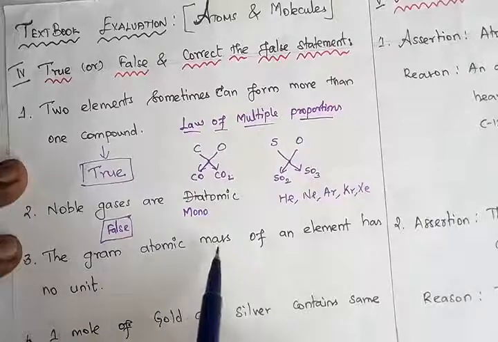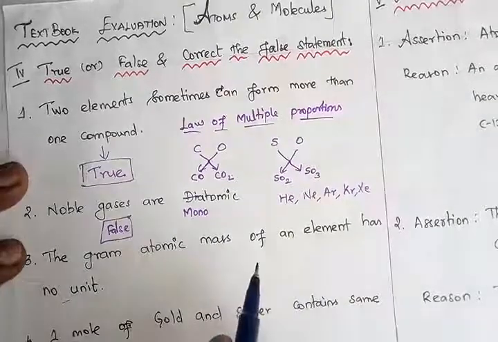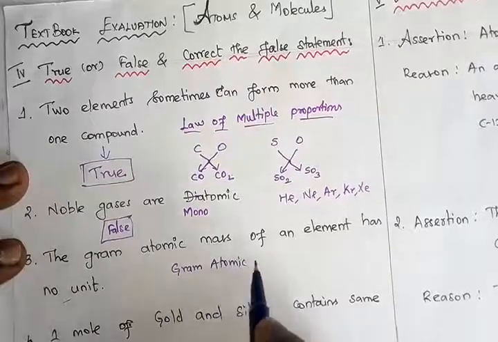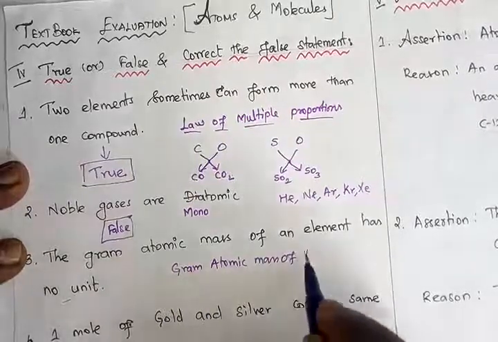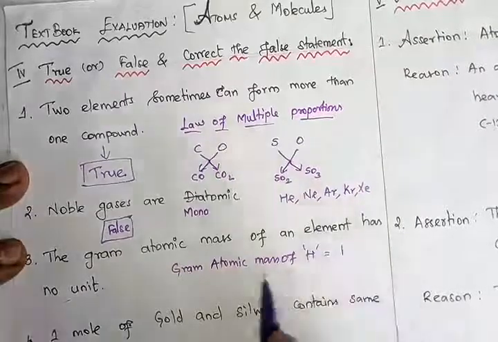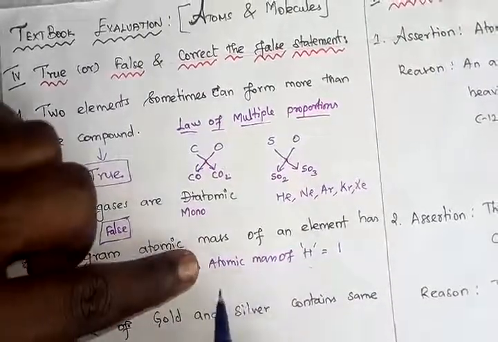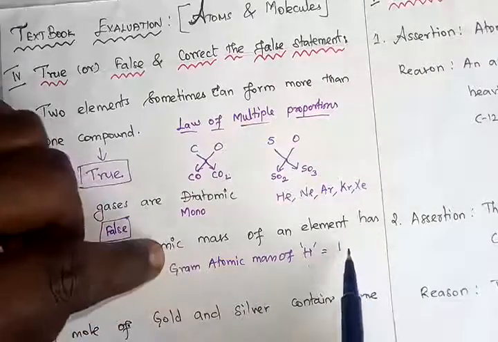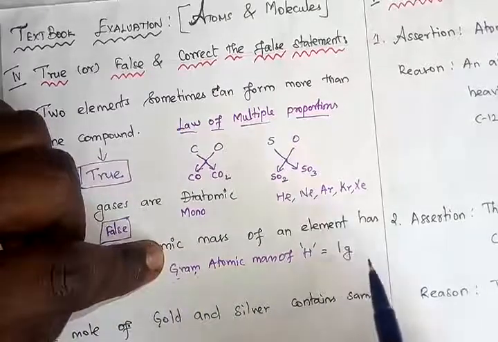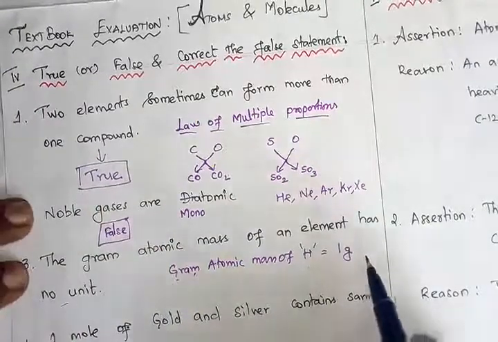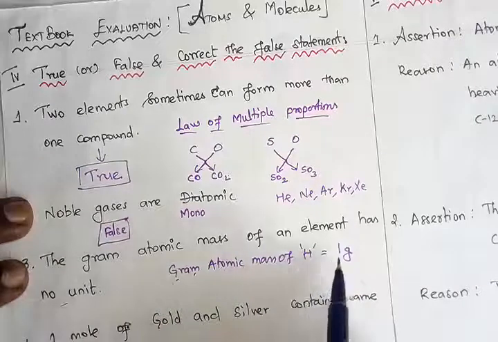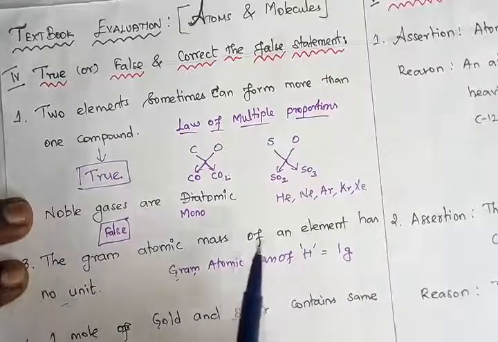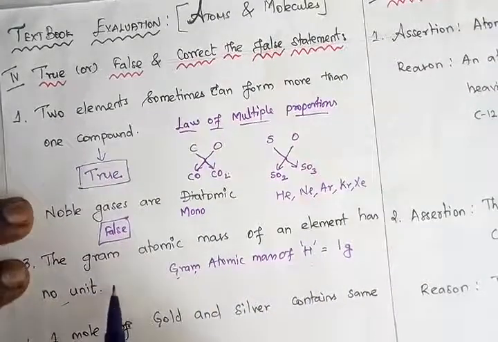See, when I talk about the atomic mass of, let us say, hydrogen, it is equal to 1 amu. But if I replace the amu by grams, we write gram here, right? So gram atomic mass has a unit, gram. But here it is mentioned that the gram atomic mass of an element has no unit. So the statement is false.